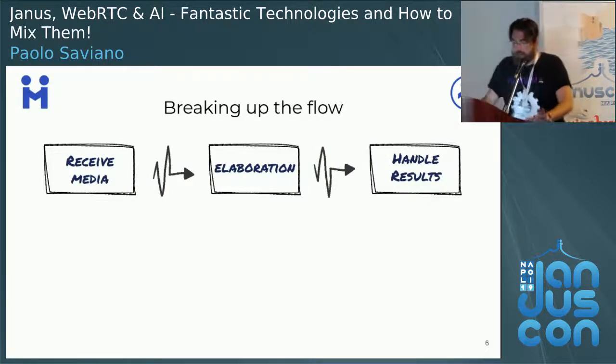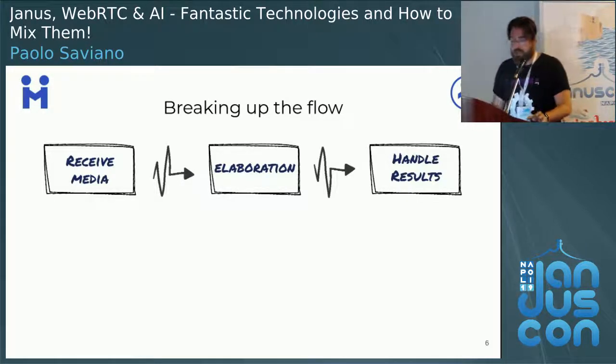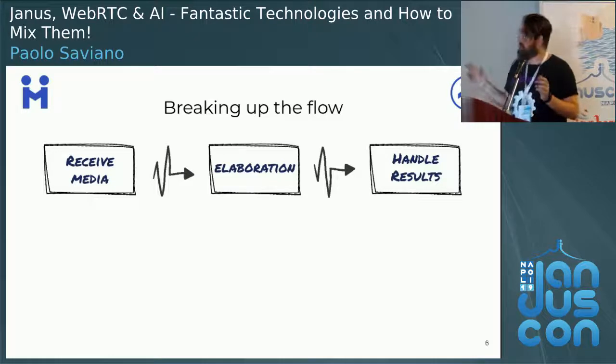Okay, let's spend a few more words on the stream elaborator's behavior and on its features. To develop a component able to apply machine learning to real-time media, we broke the elaboration flow into several steps. For each step, we identified the requirements, pitfalls, and responsibilities.